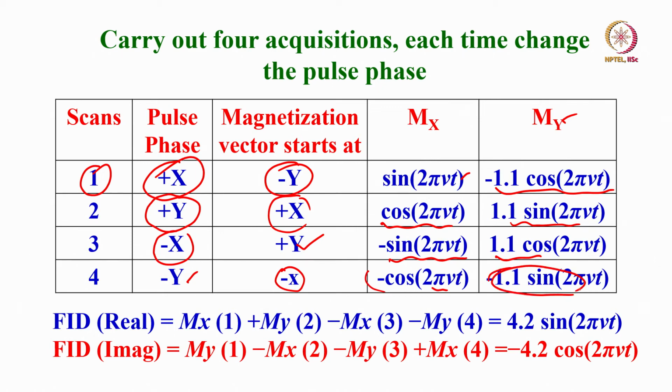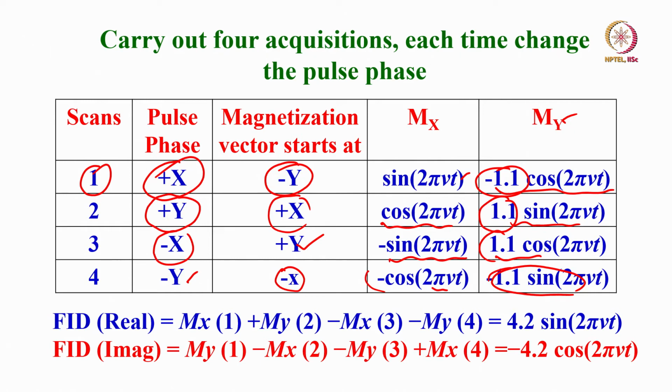Fine. See, somehow the 10% gain of the imaginary part is like this, because I am changing the receiver every time at different places. Now you see, once it is minus 1.1 times cosine of this, once 1.1 times sine, 1.1 times cosine, and minus 1.1 times the sine function.